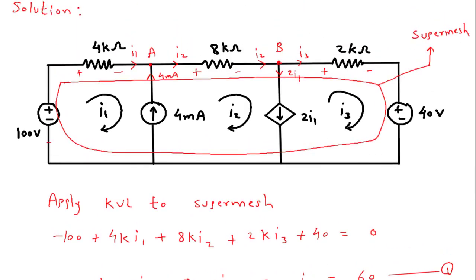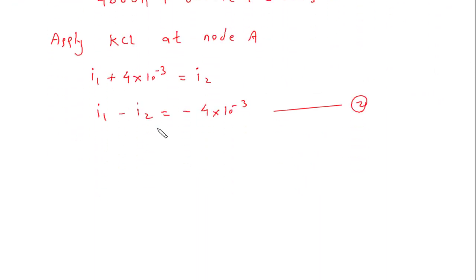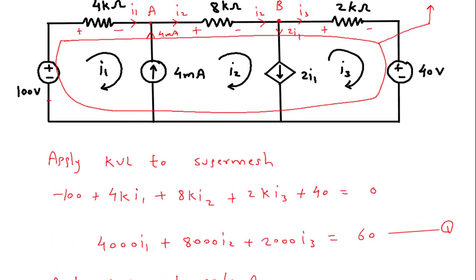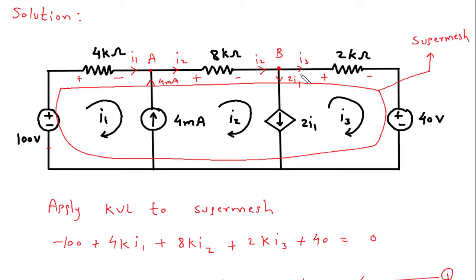Now we will apply KCL at node B. So entering current at this node is I2.